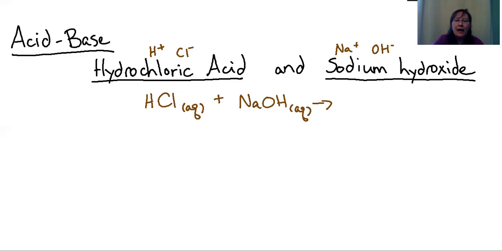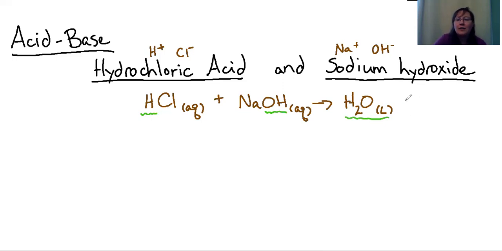Whenever we have an acid-base reaction, what's going on here is that our proton and our hydroxide combine to form water. So we're always creating H2O liquid as our product in an acid-base neutralization reaction.